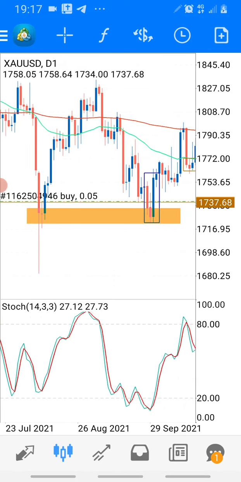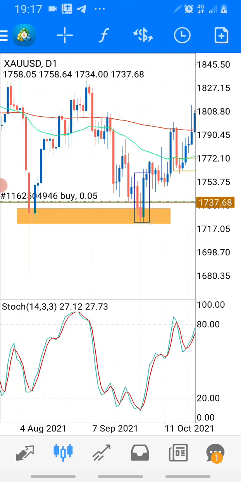Okay, you can see it here. This is a support level, which you can clearly see here.